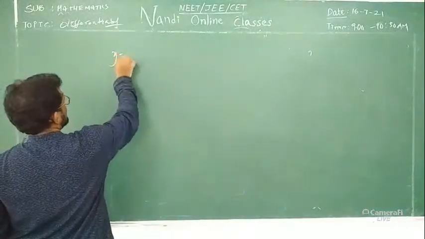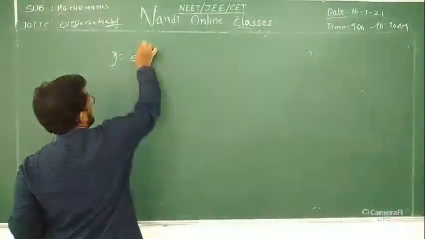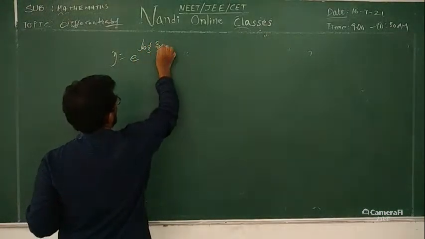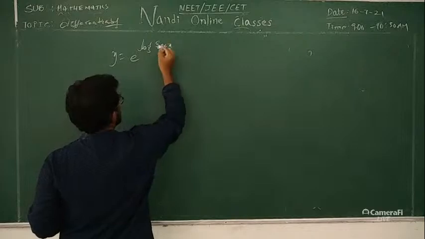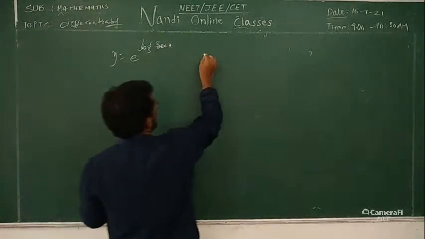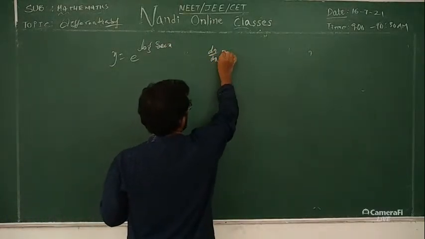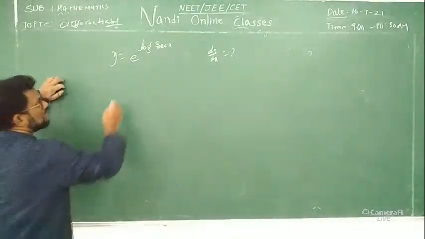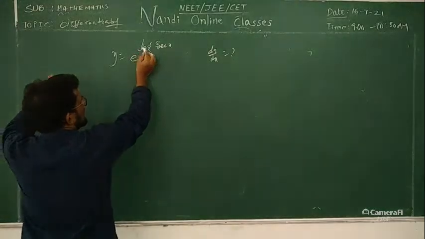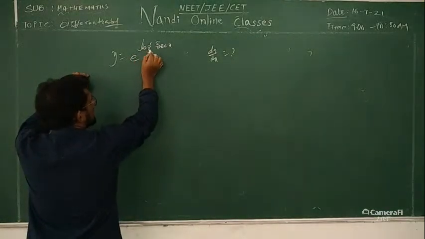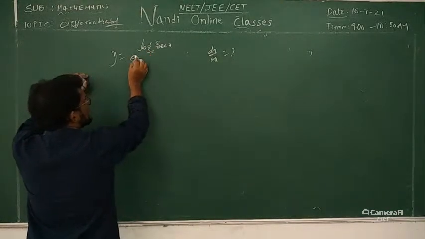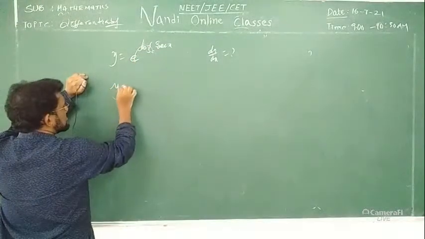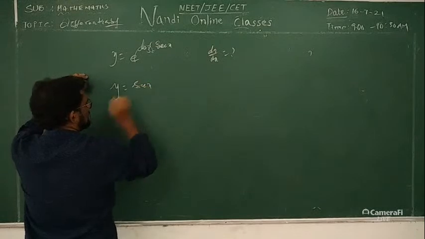Okay. One more. y is equal to e power log secant x, then dy by dx is equal to what? Here we have one formula: the logarithmic base is e and the actual base is also e. Both are the same.